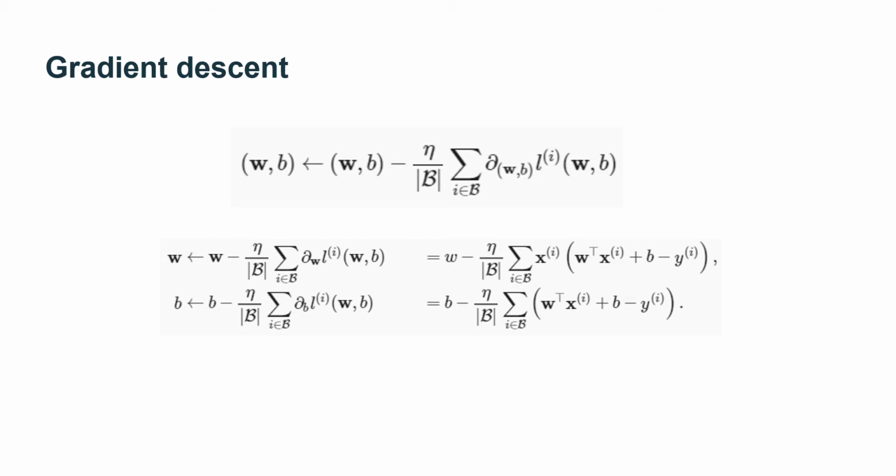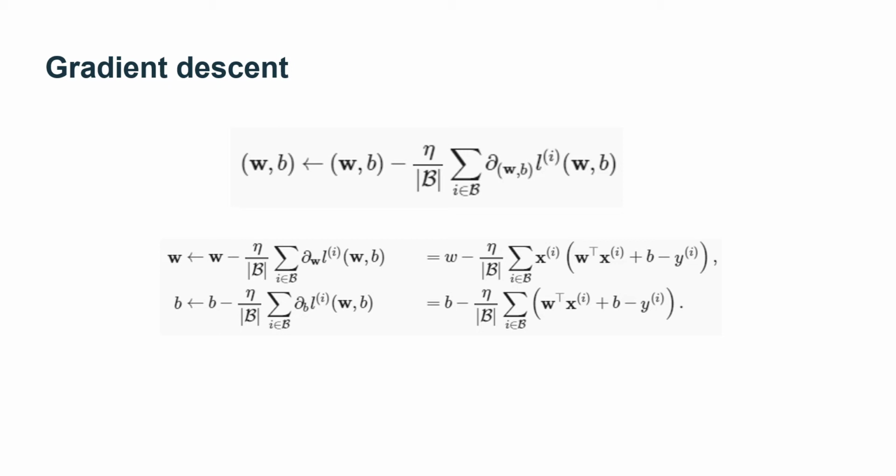Thus, we will often settle for sampling a random mini batch of examples every time we need to compute an update, a variant called stochastic gradient descent. In each iteration, you first randomly and uniformly sample a mini batch consisting of a fixed number of training data examples.